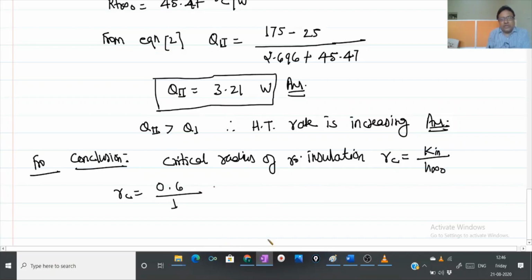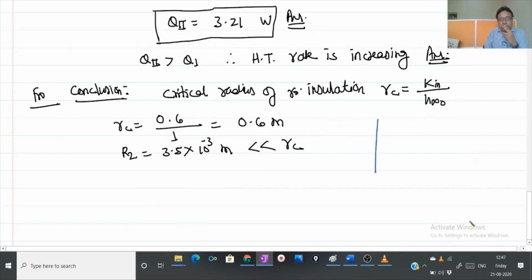Its convective heat transfer coefficient is 0.1. So RC will be 0.6 meter. Whereas the radius of insulation is 3.5 into 10 to the power minus 3 meter, and it is much less than RC.